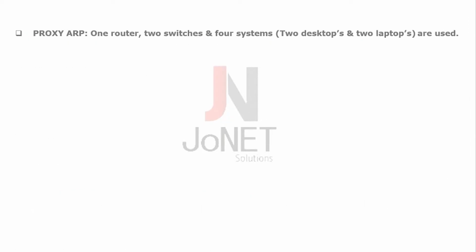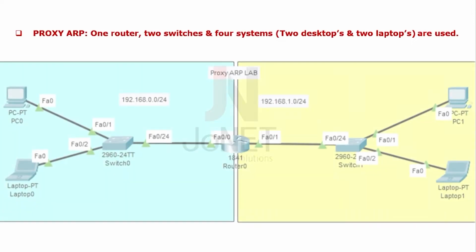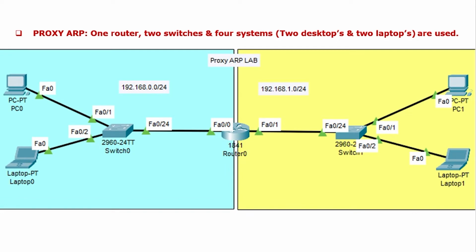For a proxy ARP, we need one router, 2 switches, 4 systems. So we have taken the topology like this. For proxy ARP, we need a layer 3 device because we are going to communicate between 2 different networks.